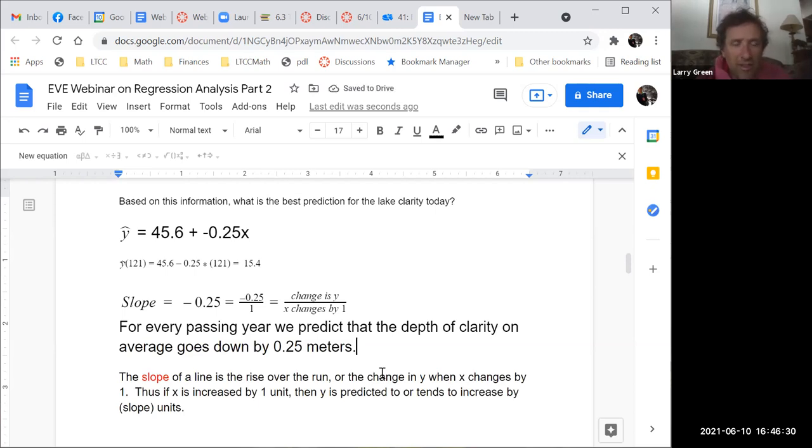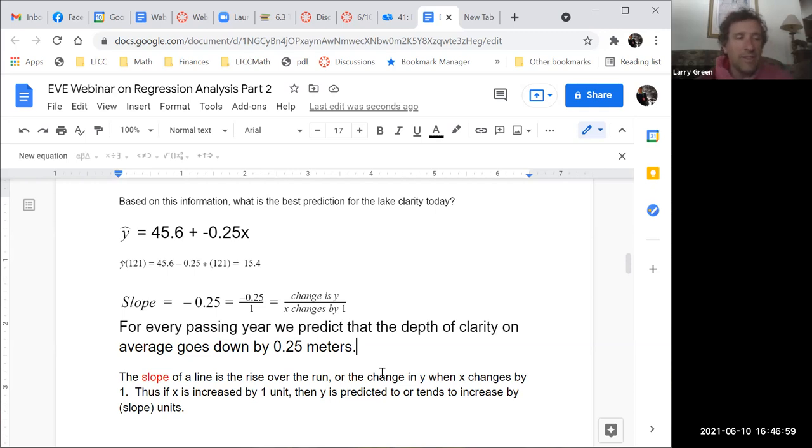Any questions on interpreting the slope? Any questions? Okay, so again, the slope, you always want to say as x changes by 1, then the slope tells you how much y is predicted to change. And then you always write it in terms of whatever you're talking about.